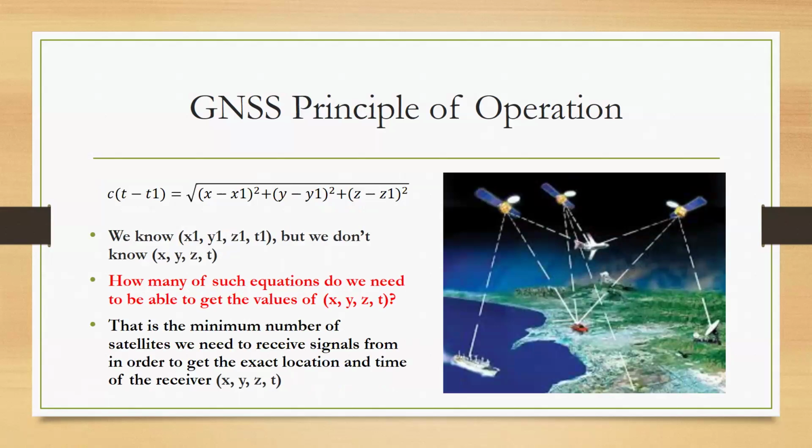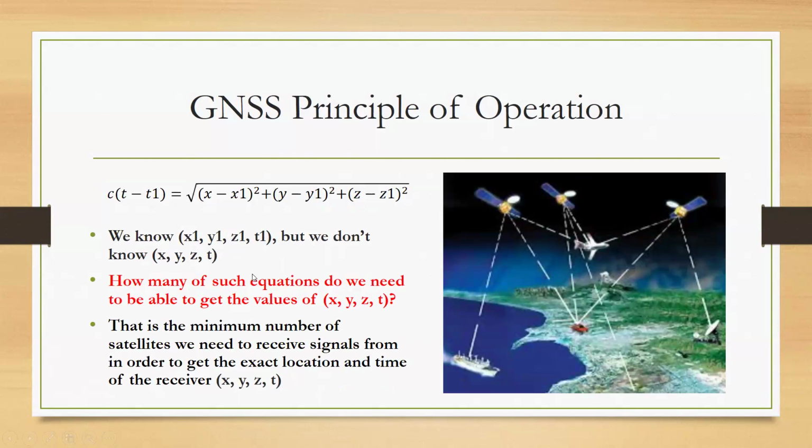In this particular equation, which is the same one we had in the previous slide, we know X1, Y1, Z1, T1 because the satellite tells us, but we don't know X, Y, Z, and T, which is the location we actually want to know, which is what our receivers, our cell phones, should tell us.